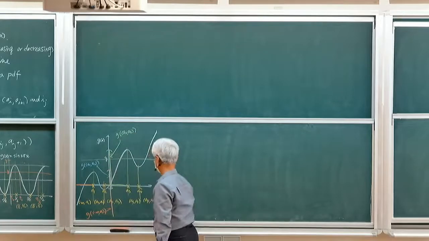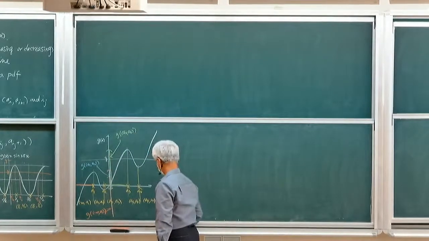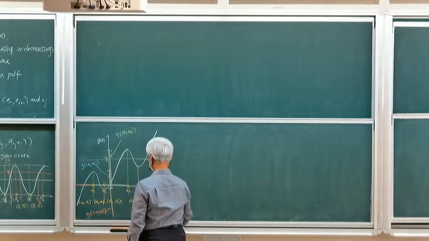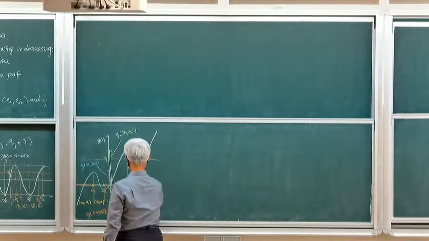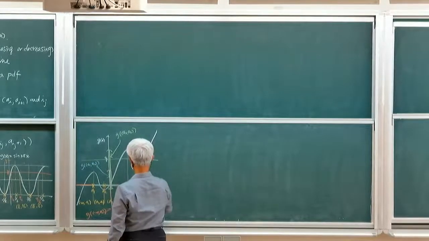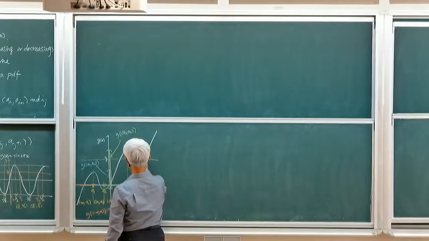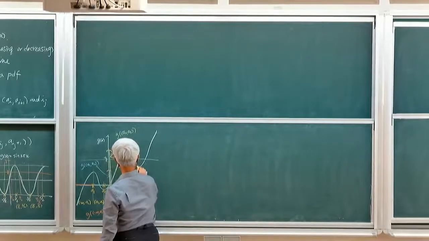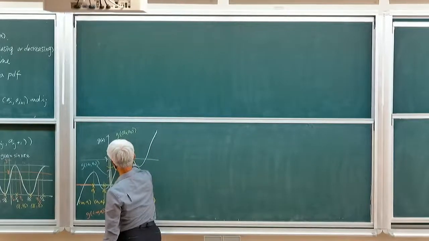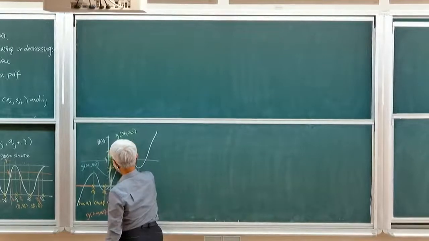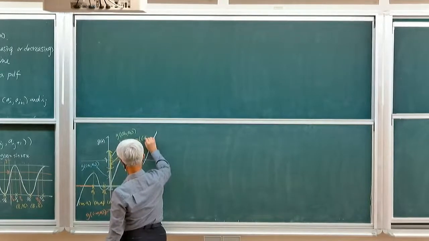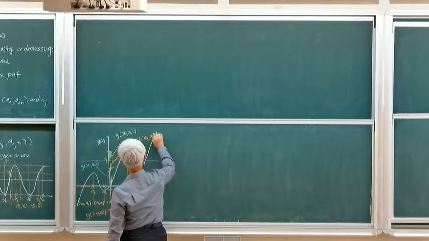Then this one, from here up to here, is G of A3, A4.